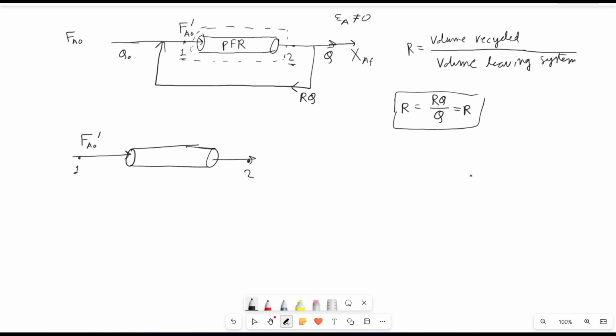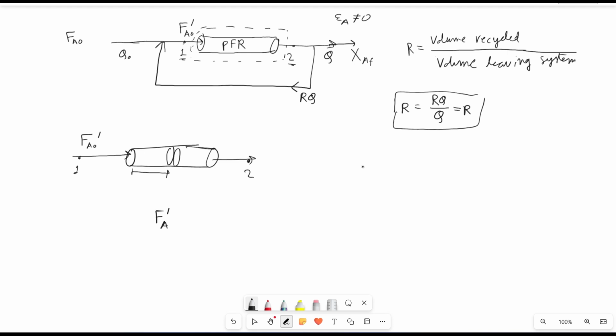For any point inside the reactor, along the volume of the reactor, let the flow rate inside the PFR be denoted Fa prime.